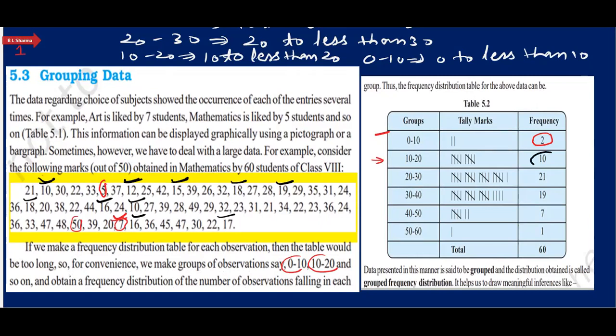So it is written over here 10. Means for the marks 10 to less than 20, there are 10 students, means its frequency is 10.